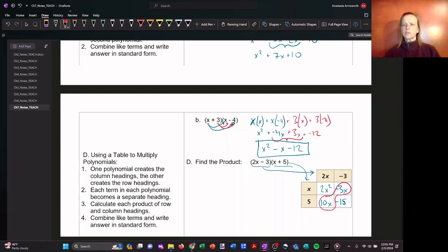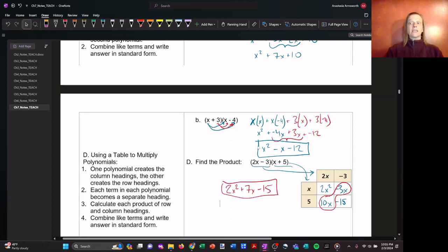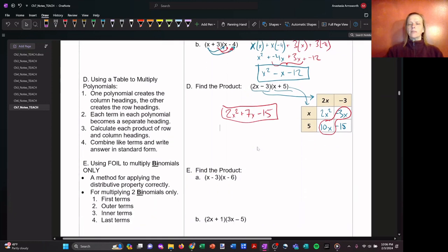So our final answer is going to be 2x squared plus 7x minus 15. And that gives us our final answer. Always look out for those like terms so that you combine them.